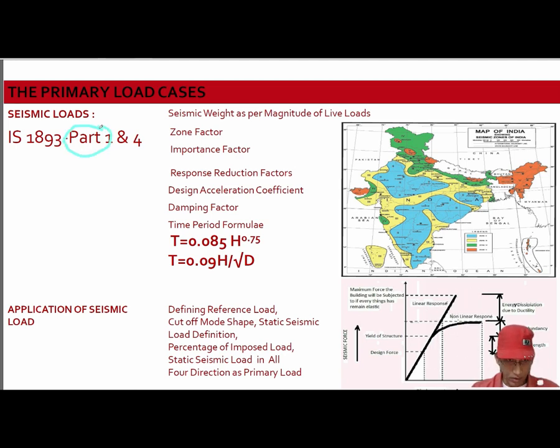The importance factor depends on the type of occupancy that has been specified by the code. The response reduction factor is something by which we reduce the actual earthquake. The response reduction factor basically depends on what kind of lateral load resisting frame we are taking for a structure.